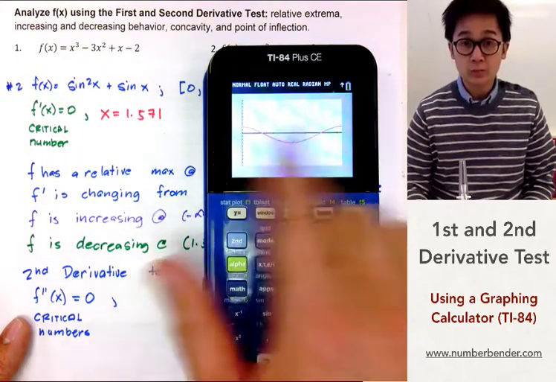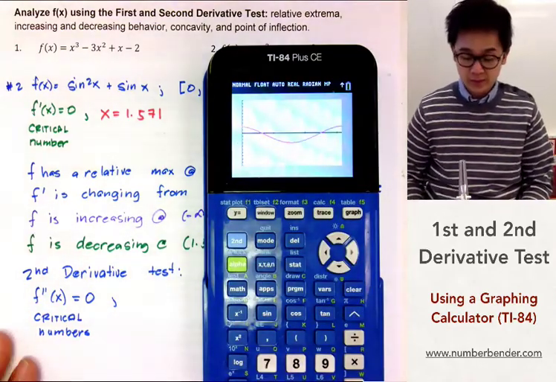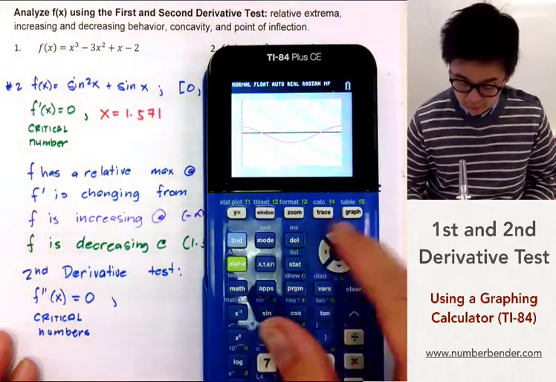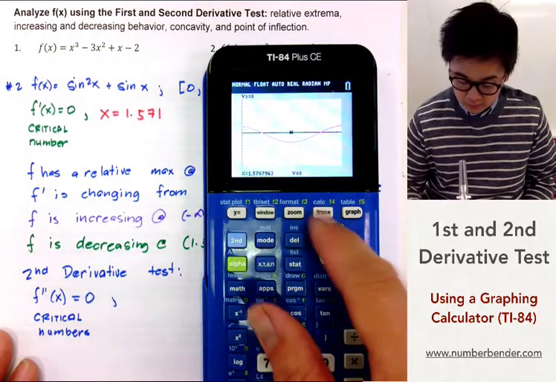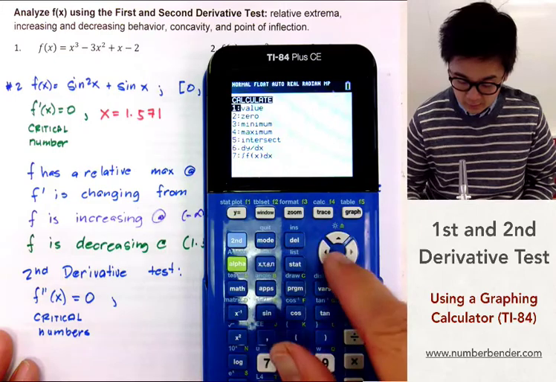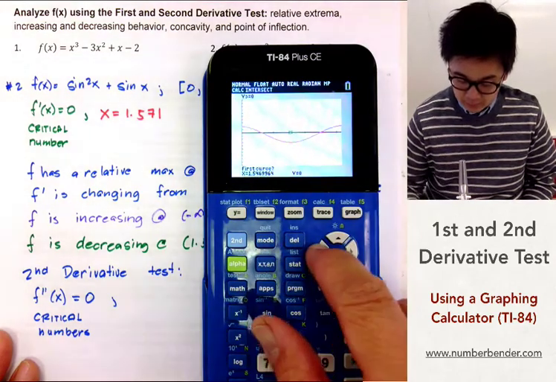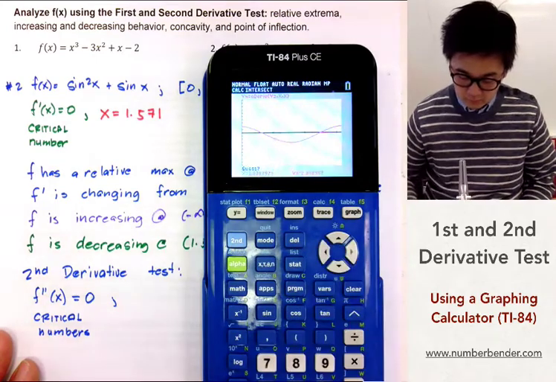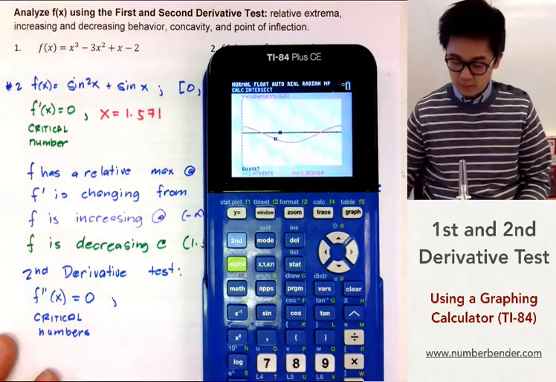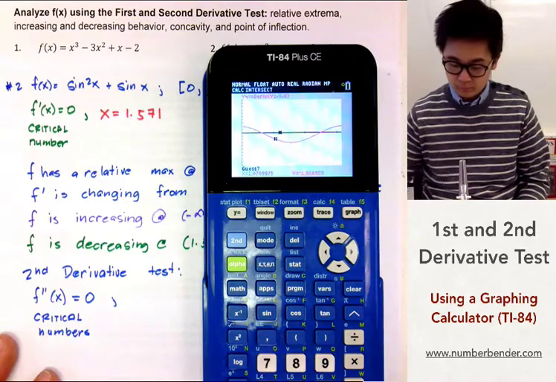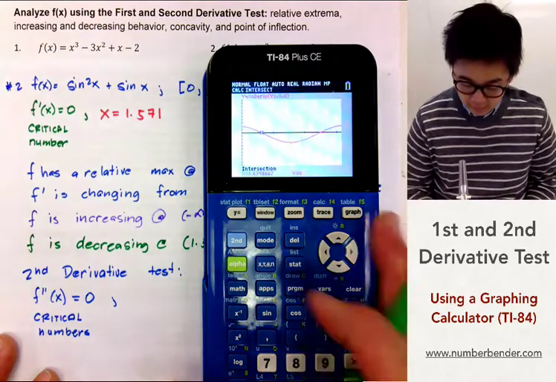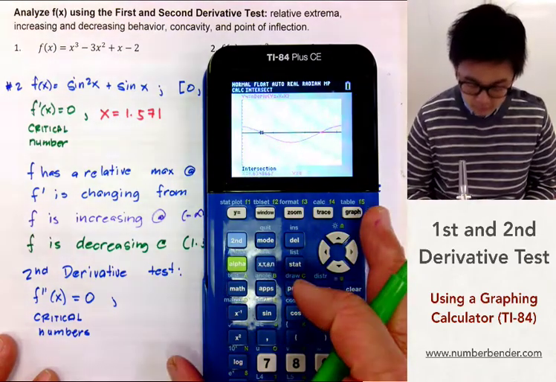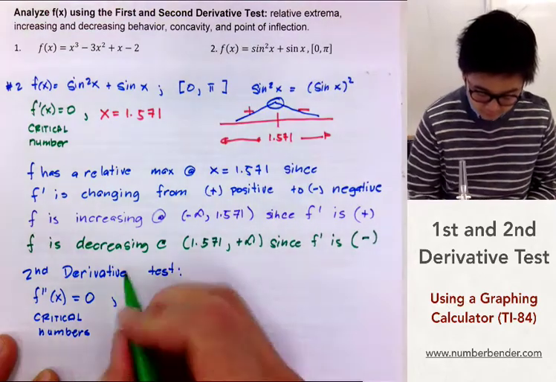We have two critical numbers for our second derivative test. So to find the first critical number, second function, trace, intersect. Let's find this one first. The first critical number is at x equal to 0.635.